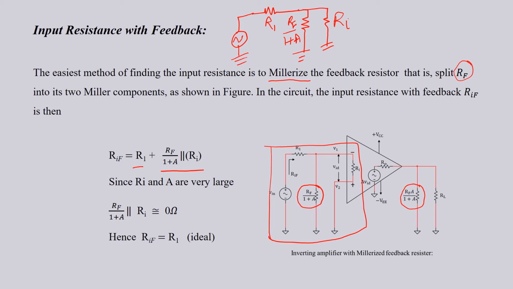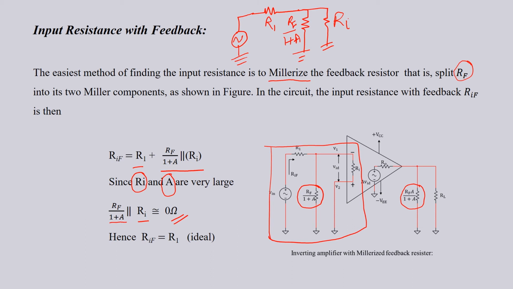Since Ri and A are very large for a practical op amp, and for an ideal op amp they are infinite, RF over 1 plus A in parallel with Ri becomes almost equal to 0.